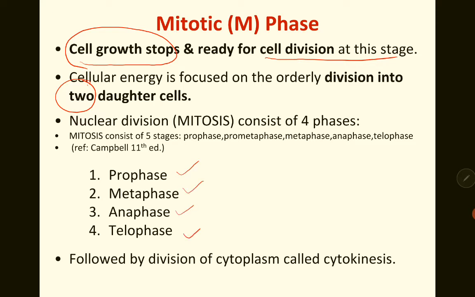According to the latest Campbell 11th edition, mitosis has 5 stages, with an extra prometaphase. But according to our syllabus, we're using these 4 stages. After the 4 stages, it is followed by the division of the cytoplasm, which is called cytokinesis.